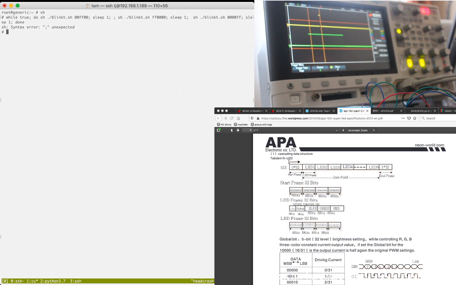Oh no, where's the syntax error? While true, no semicolon after the do. Oh okay, well there's one empty block here, so we can delete that one. Nope.